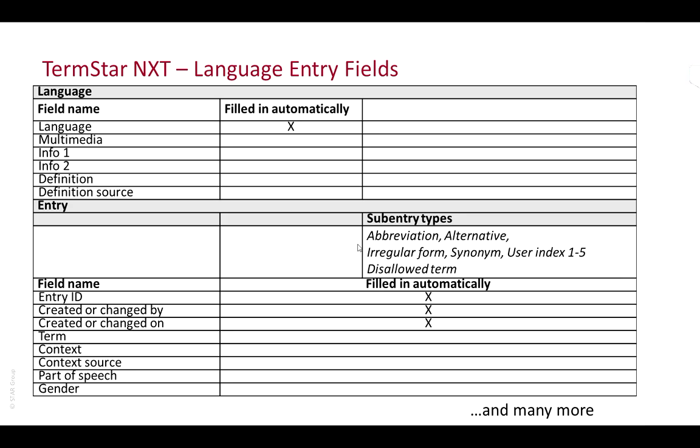And we're going to have a look at some of them in TermStar later on. Again, there are some fields that are filled in automatically, like entry ID or created or changed by or on. And there are many more fields. As we saw earlier, when we choose the view all fields, you can see them all, and there's really a lot that can be filled in. A lot of information belonging to one entry.